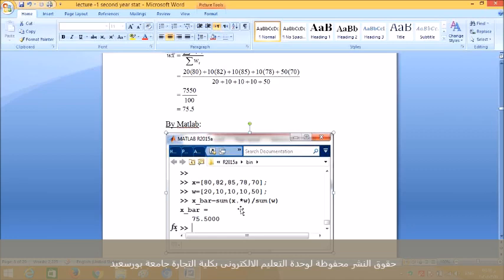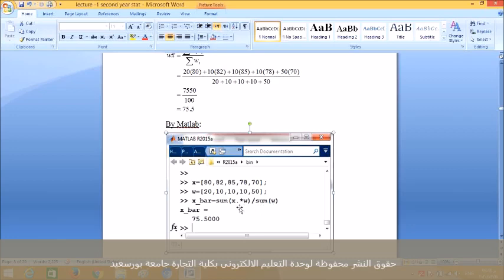Okay, so you have to multiply the vector x by the vector w and divide by the sum of w, the sum of weights.